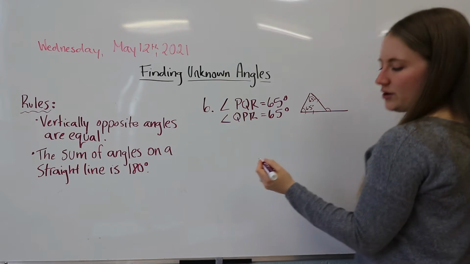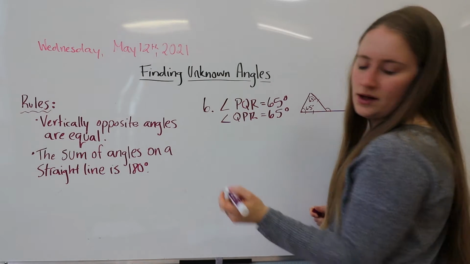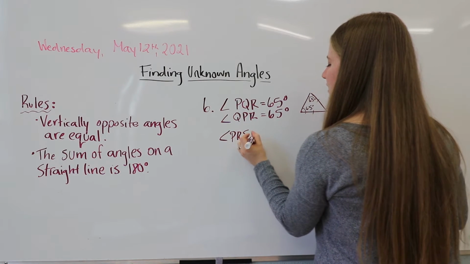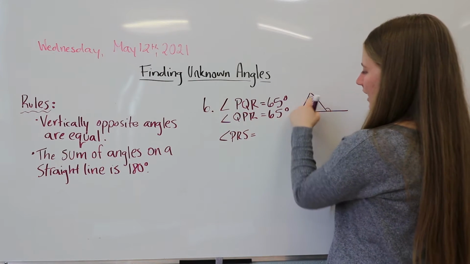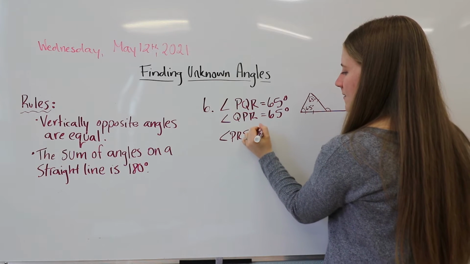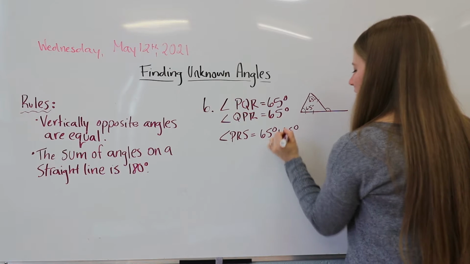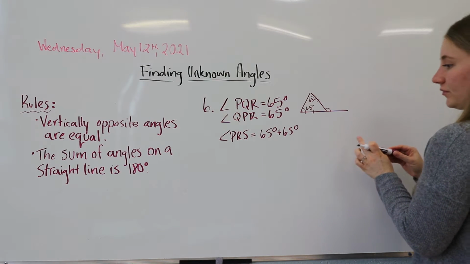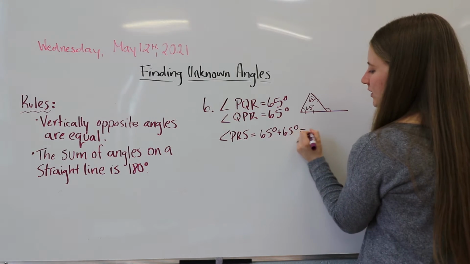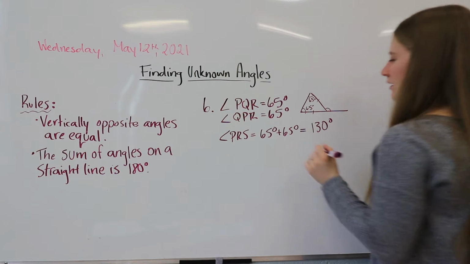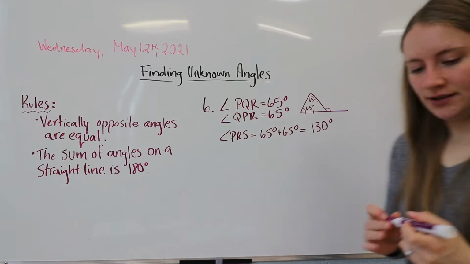And so all we have to do to find angle PRS is to add these two angles together, okay? Which of course is going to give us 130 degrees, okay?